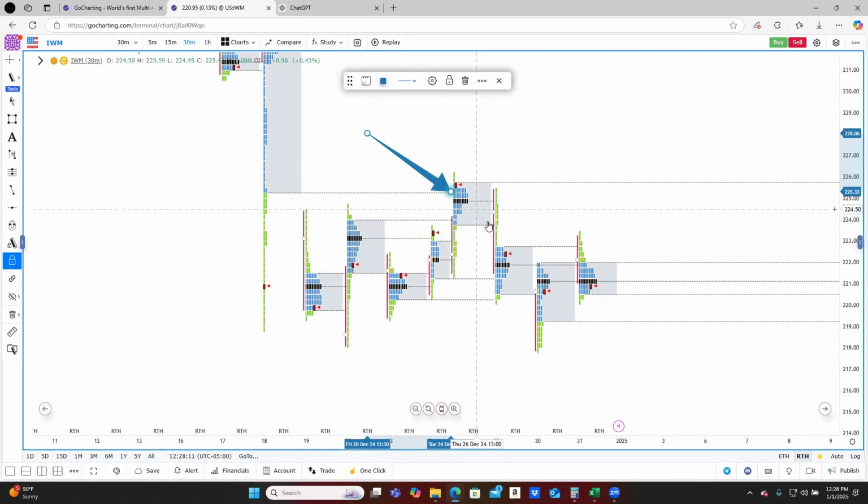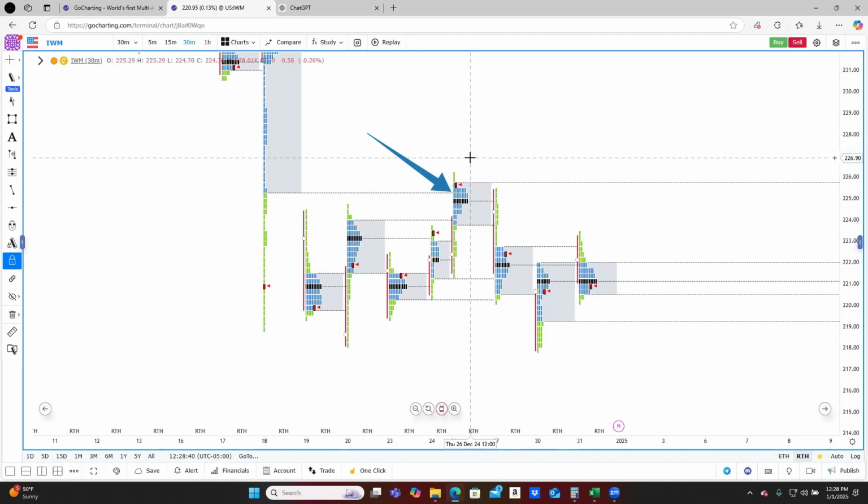From the 26th, the 27th, and the 30th, you can see value is trending down. So it's not solely about price, it's also about value. Value is trending down. That's the true trend. Hopefully that helps you understand and see the value of market profile, especially in the traditional way of looking at it.